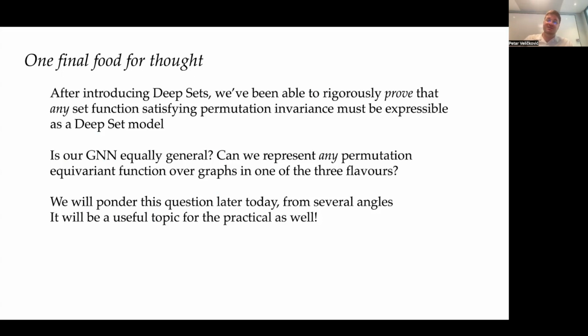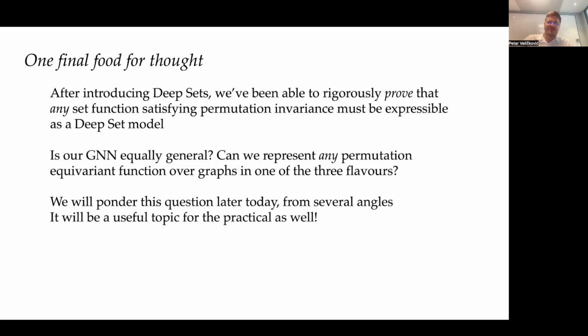When we introduced DeepSets, I showed you that we were able to rigorously prove that any set function satisfying permutation invariance must be expressible using DeepSets. And now the question arises, can we make a similar generality claim about the graph neural network we just built? Can we represent any permutation equivariant function over graphs using one of the three flavors that I showed you?